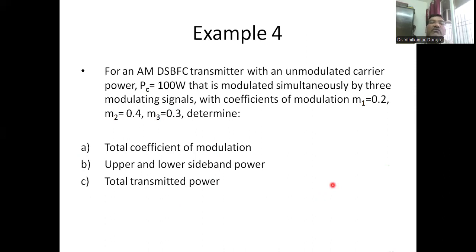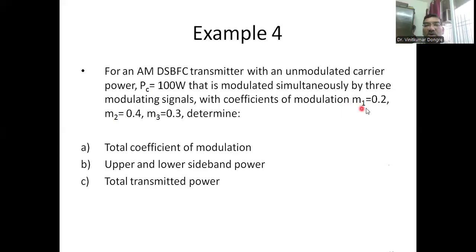This is for an AM double sideband full carrier transmitter with an unmodulated carrier power PC equals 100 watt, that is modulated simply by three modulating signals with coefficients of modulation M1 equals 0.2, M2 equals 0.4, M3 equals 0.3. Determine the total coefficient of modulation.